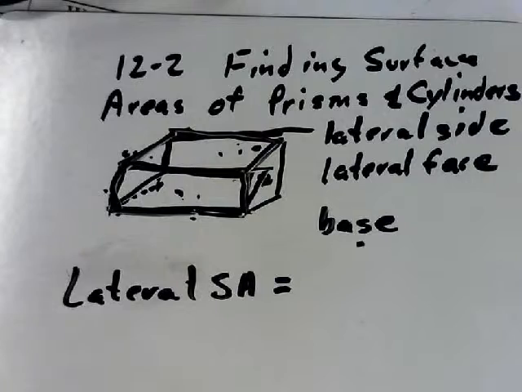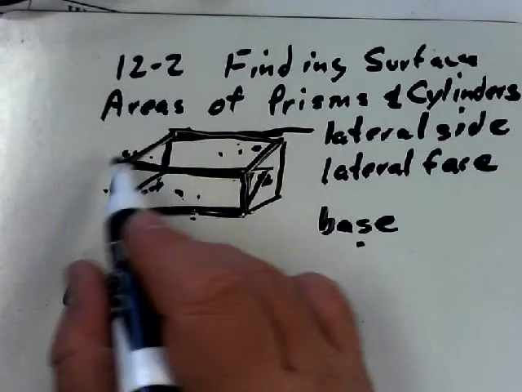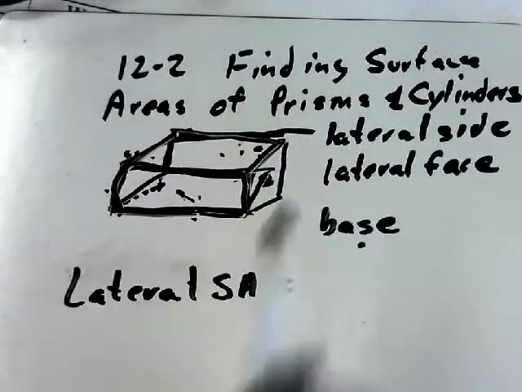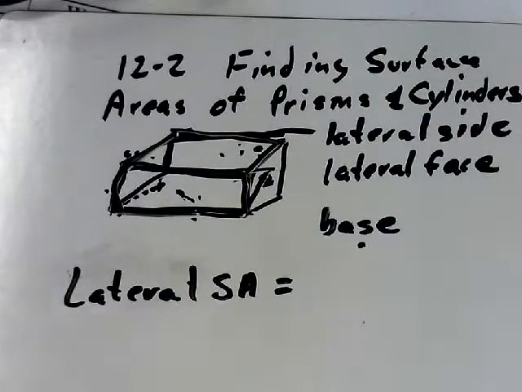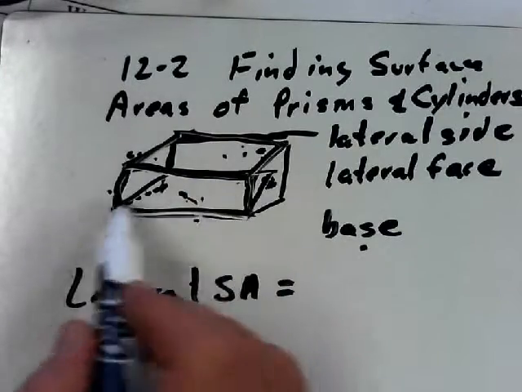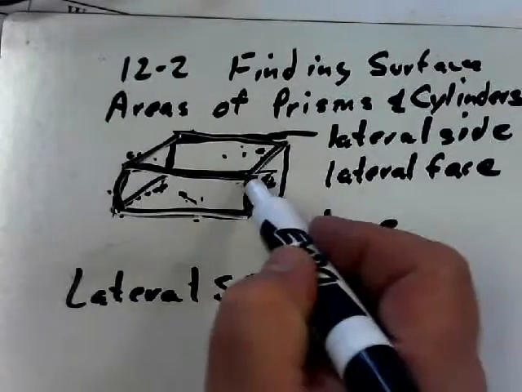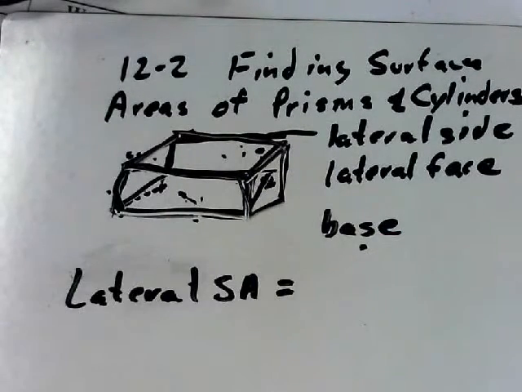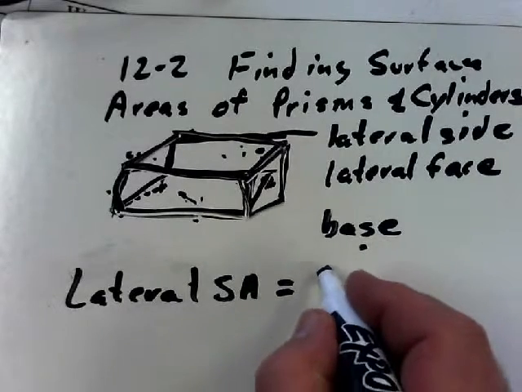Length times width. How many of those do I have in this prism? 2 of them, one here and one back here, right? So I could find the area here, double it. I could find the area of this face and also double it, right? Right. Okay?